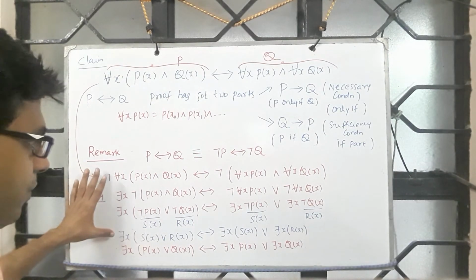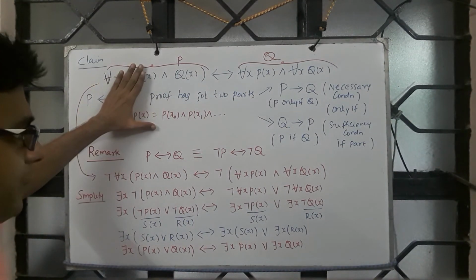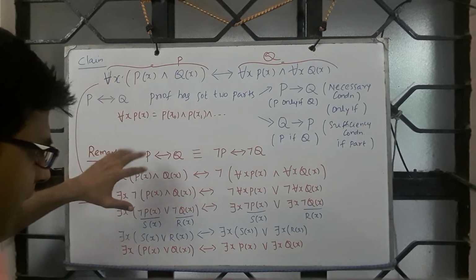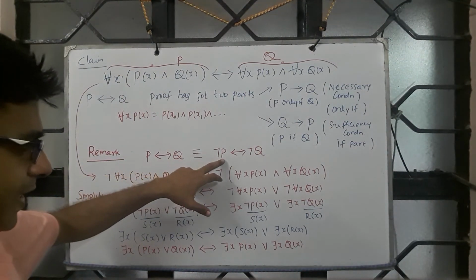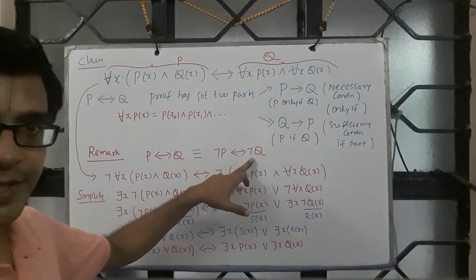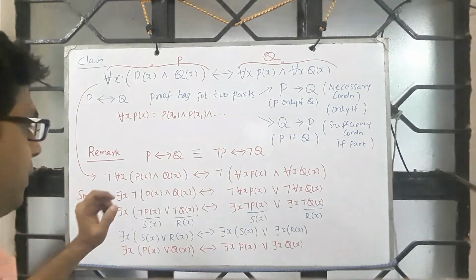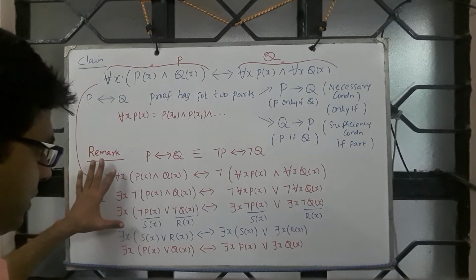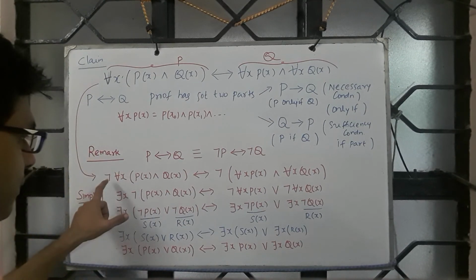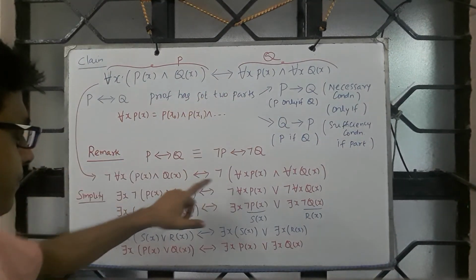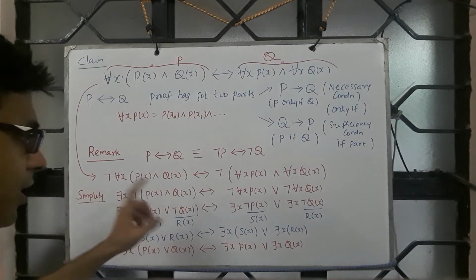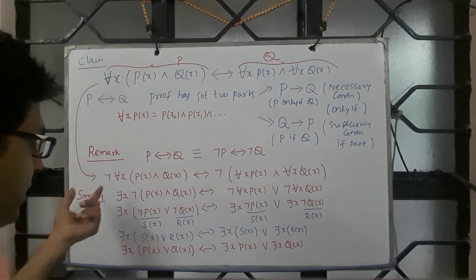And what we did over here is, we have proved this and we know that P biconditional Q is equivalent to negation P biconditional negation Q. So we use that and start simplifying it. So bring negation over here as well as over here, then apply the equivalence that we have established before.